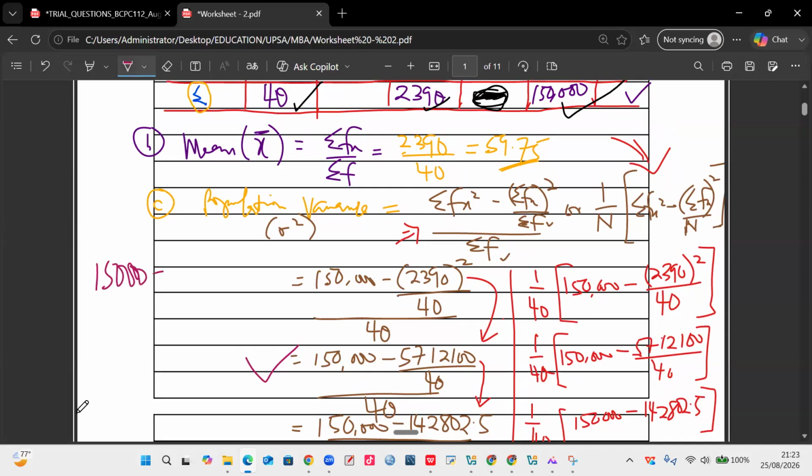You use the mean answer, 59.75, all over 40. Ah, okay. So you use the mean in brackets. It's another formula. So it's correct. But we got the same answer. Was it squared? Yes.